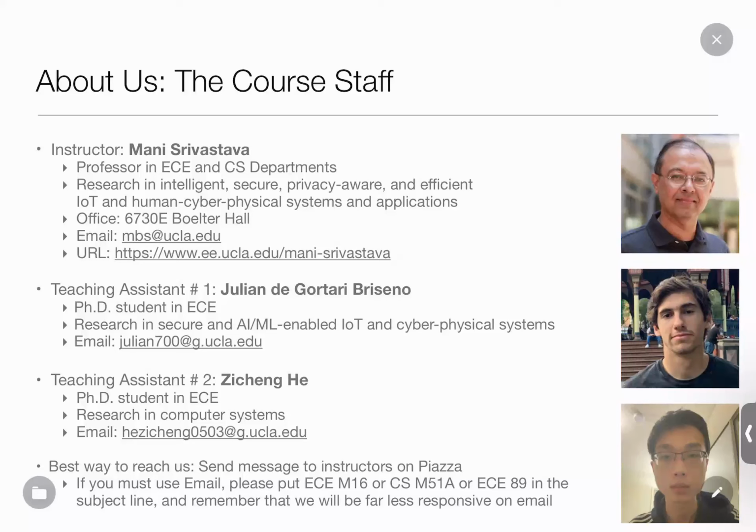Ji Cheng He is our second TA. He is not my student, but he's a student of one of my colleagues, Professor Le He. He works on, again, computer engineering, specifically architectures for a certain kind of digital system called field programmable gate arrays, as well as design tools on how to take algorithms and map them to them.